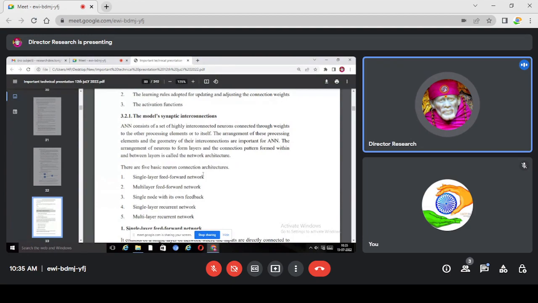The model's synaptic interconnections: an artificial neural network consists of a set of highly interconnected neurons, through weights, to the other processing elements or to itself.